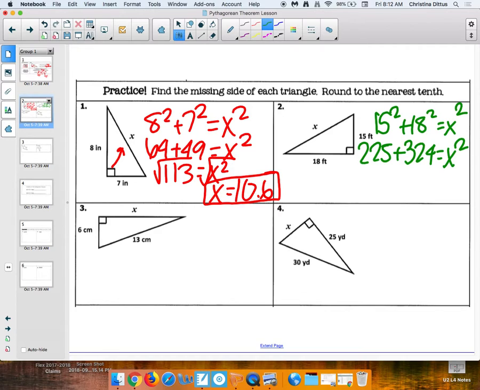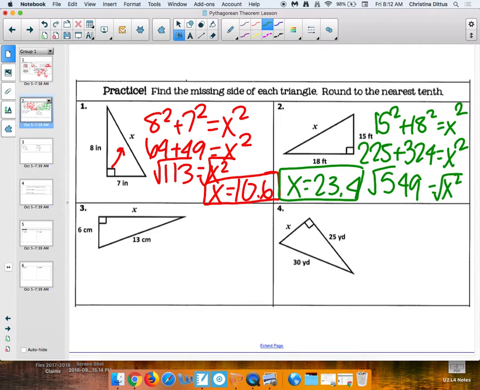Now what? Add the 225 and 324. That gives 549. And my last step is to do what? Square root. 23.4. Cool beans.